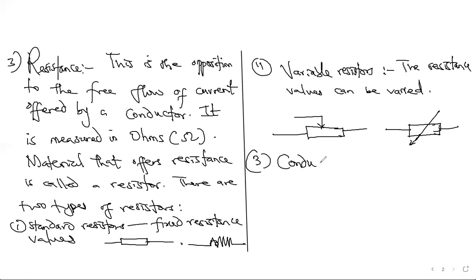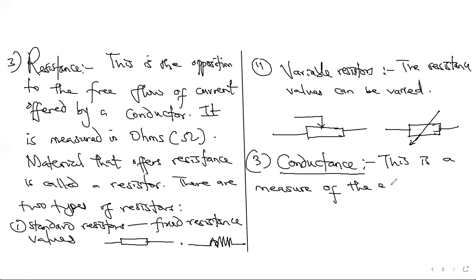Then we also have conductance. Conductance is the opposite of resistance, basically. This is a measure of the ease with which current flows through the conductor.